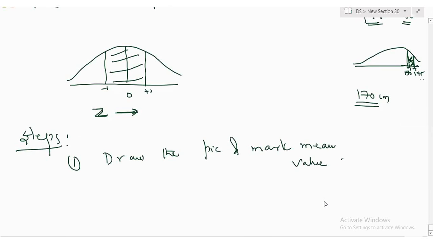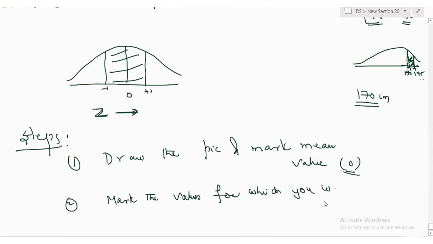So in this case, how much is that? 0. Second, mark the values for which you want to calculate the area.